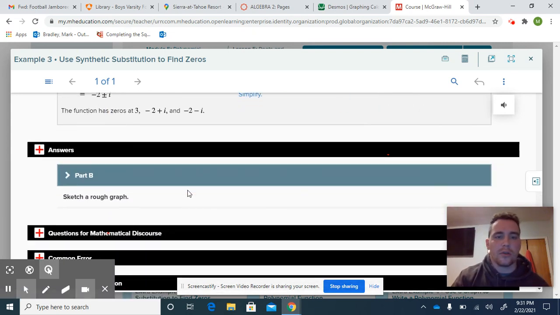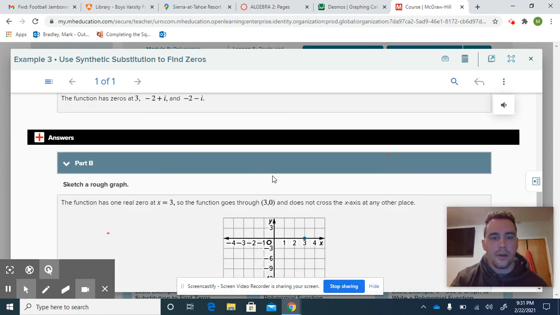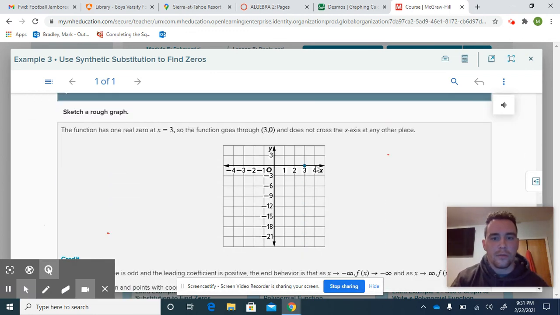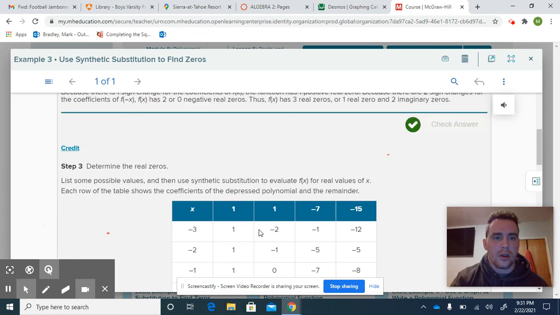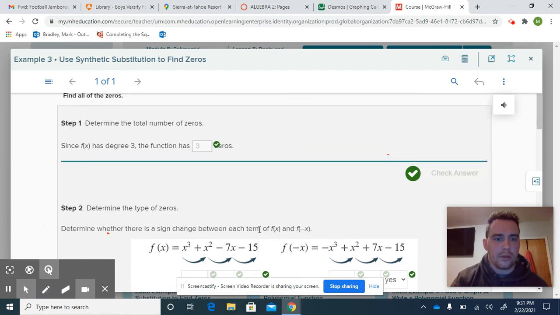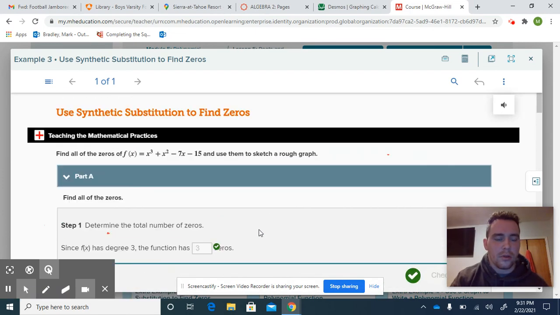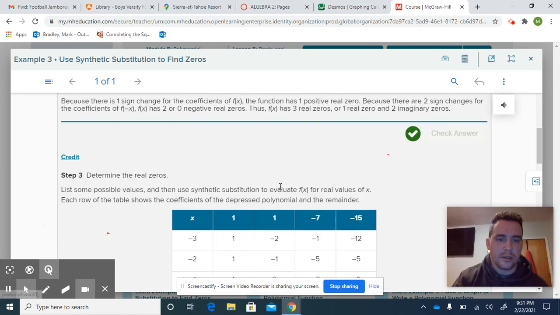They also sketch a rough graph. Boom. The function has one real zero, x equals 3, and the function goes through the point (3, 0). That's saying the same thing. And does not cross the x-axis at any other place. Oh, that makes sense.